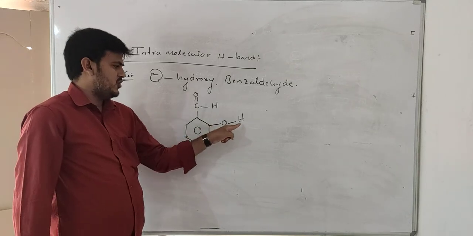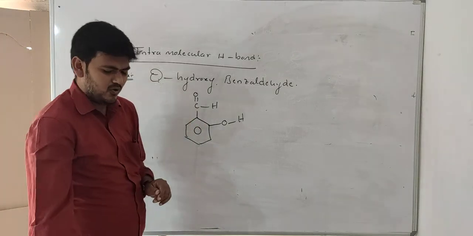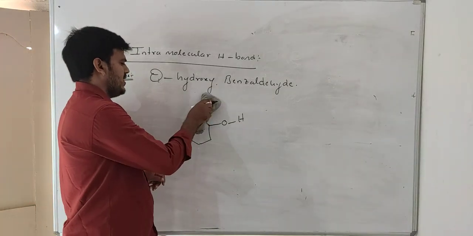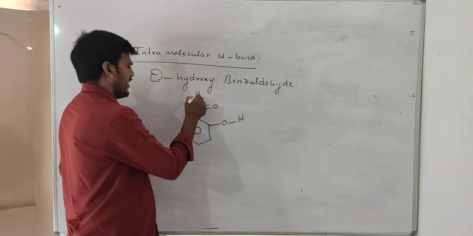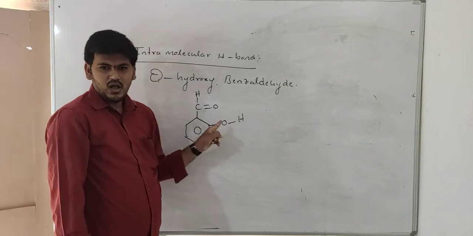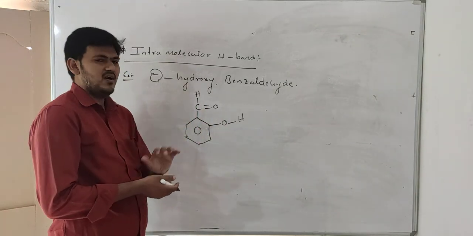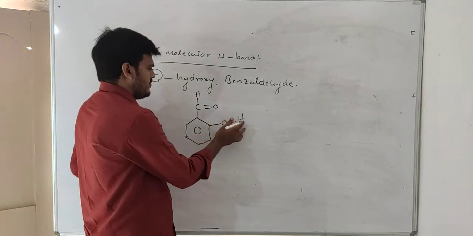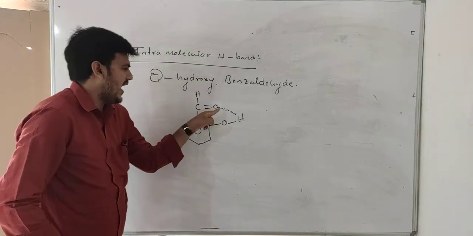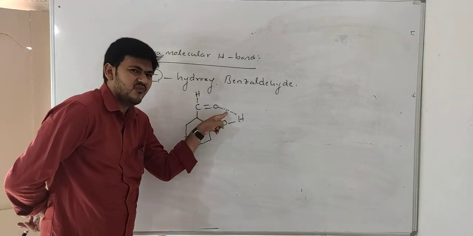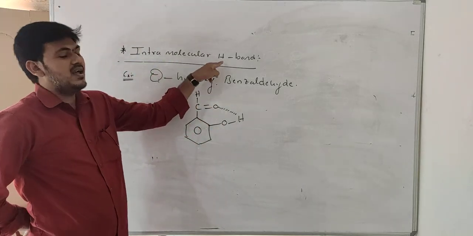The CHO group and the OH group, ortho hydroxy benzaldehyde. So the hydrogen atom and the more electronegative atom, that is the oxygen atom. A hydrogen bond formed within the molecule is called an intramolecular hydrogen bond.